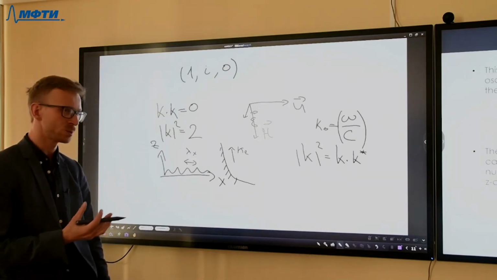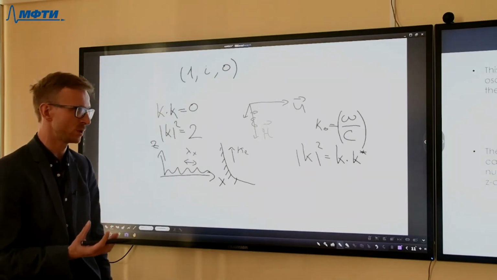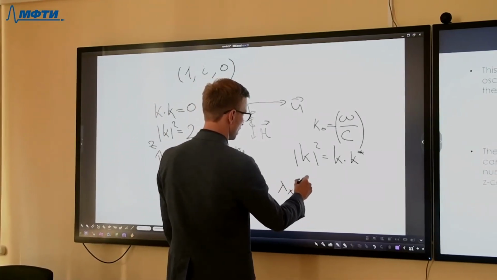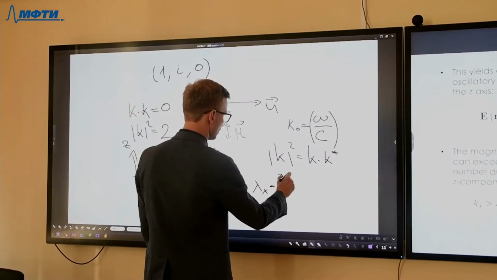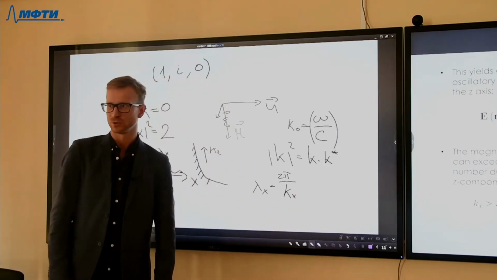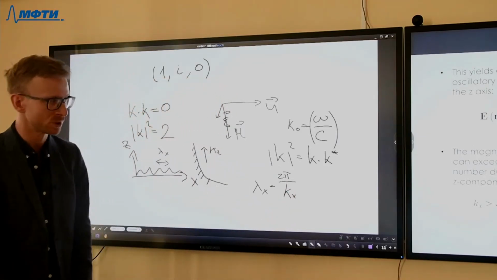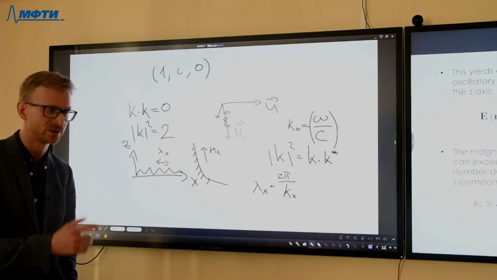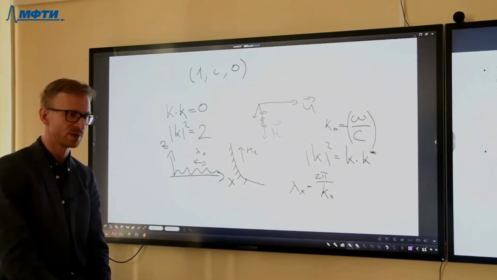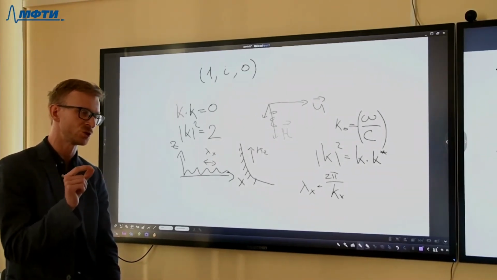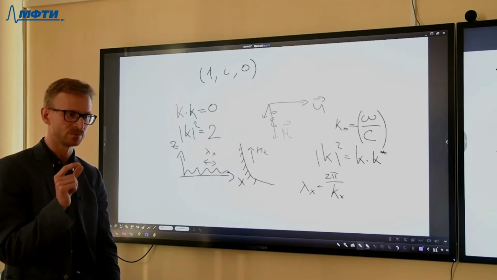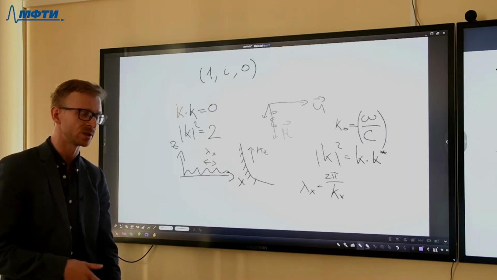And if I were to express this wavelength through the wave vector, that of course would be 2 pi over kx. And because kx can be very large, thanks to our dispersion relationship with the minus, this lambda can be very small. So this means that even in free space, we can have waves that have very short wavelength that go way beyond what is possible with usual propagating homogeneous waves.